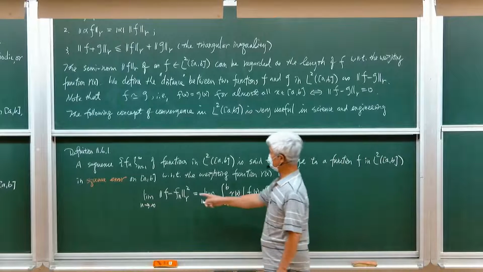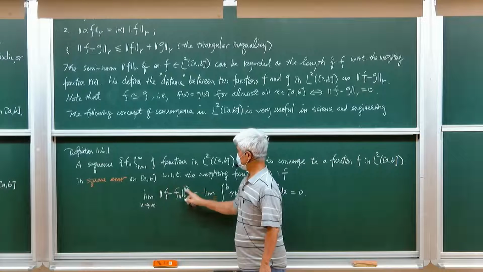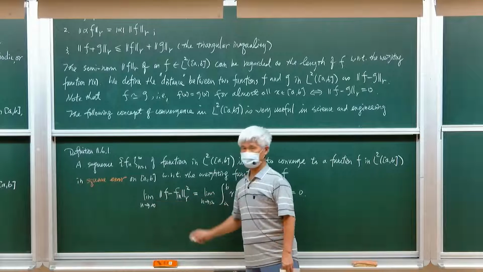So the distance between f and f sub n goes to 0 as n goes to infinity.